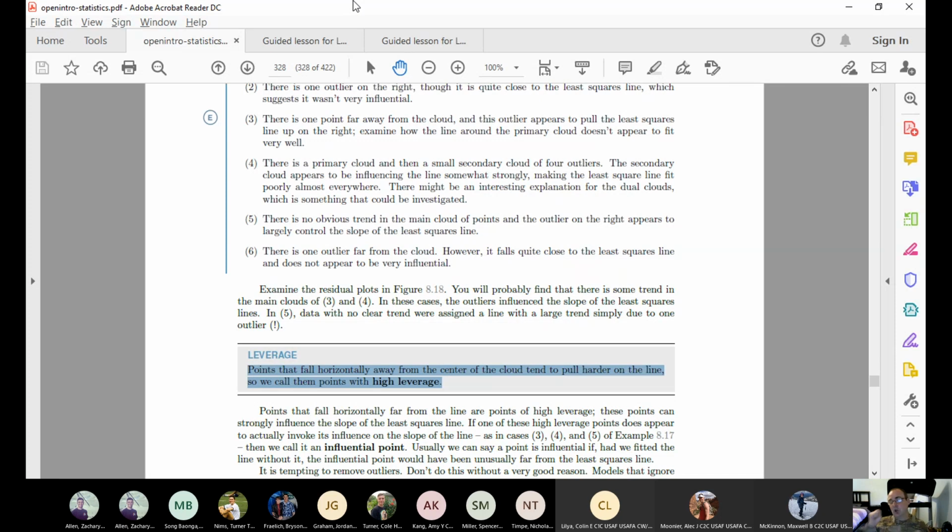That being said, when a point has high leverage or is far enough away in some way that it is actually influencing our line, then we say it has high influence. It is an influential point, right? That is where we use that diagnostic, right?